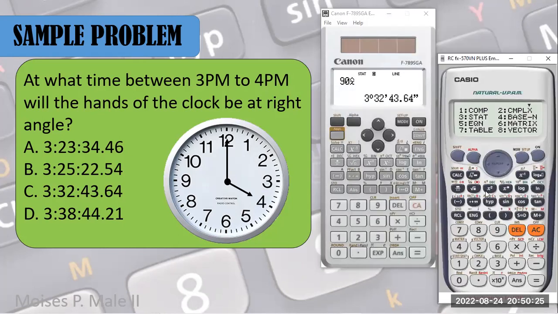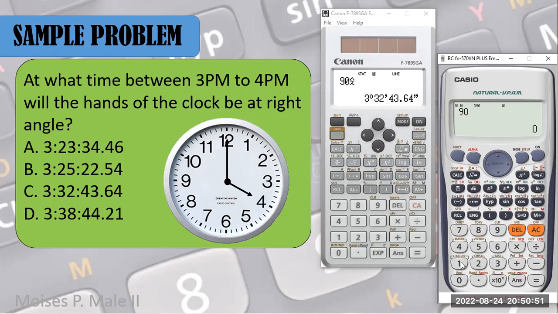So mode stat. What is that? Linear. Right? So linear, 2. Okay. So you have 3 and 4. Then here it is negative 90, and what was that again? 8 times 30, positive. Then input the 90 degrees.